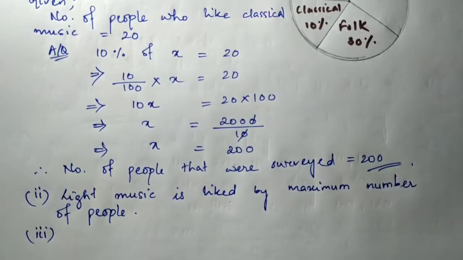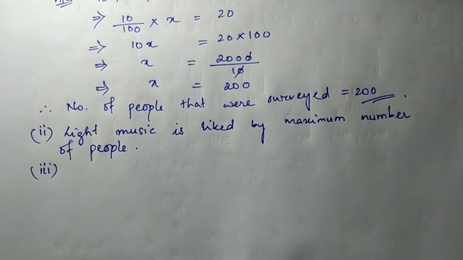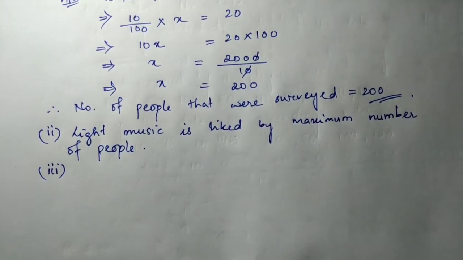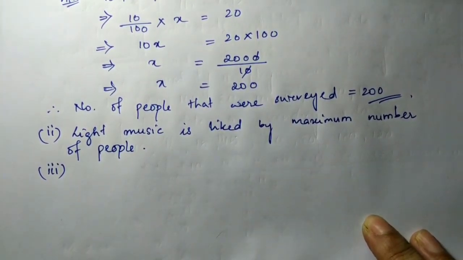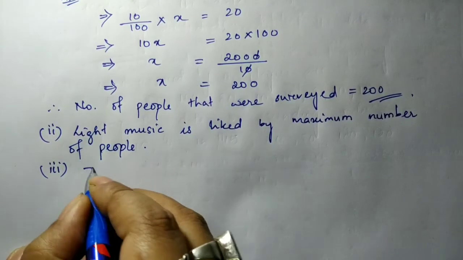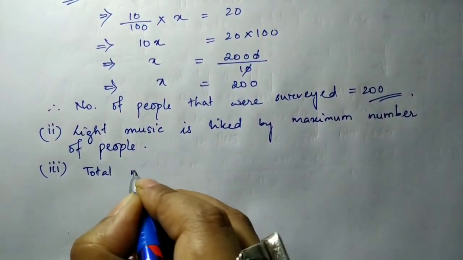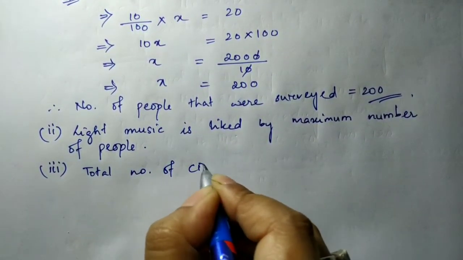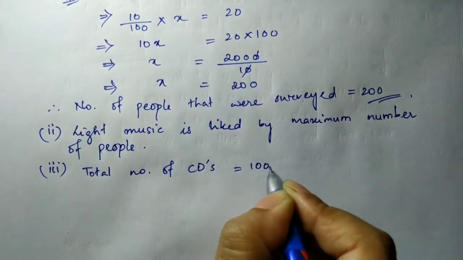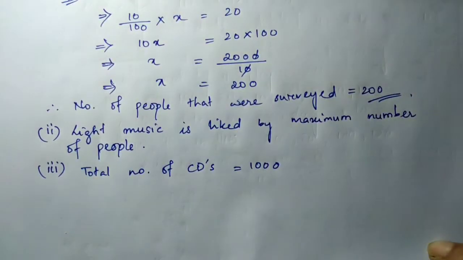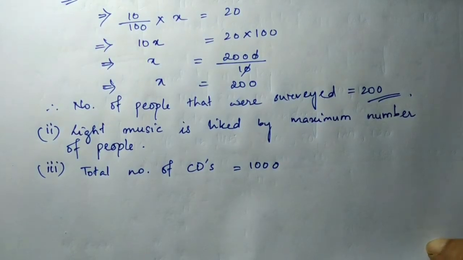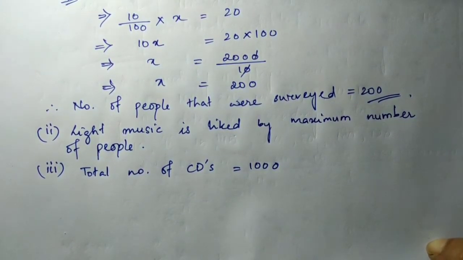Let's see what's given in question number 3. It's given, if a cassette company were to make 1000 CDs, how many of each type would they make? Now you can see the total number of CDs here. For question number 3, the total number of CDs is equal to 1000. So this is the total. From this, we need to find how much of each category, given as 30%, 40% and so on in the pie chart. How many light music CDs or folk CDs will be produced, that we have to find out.